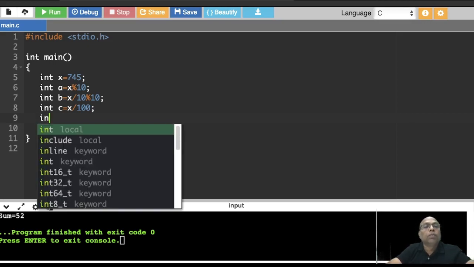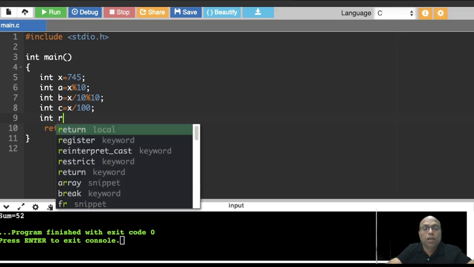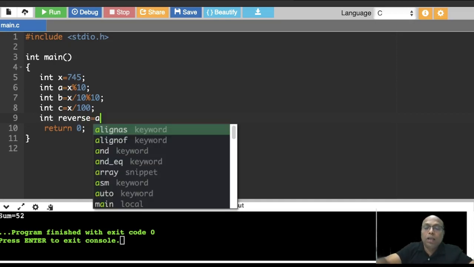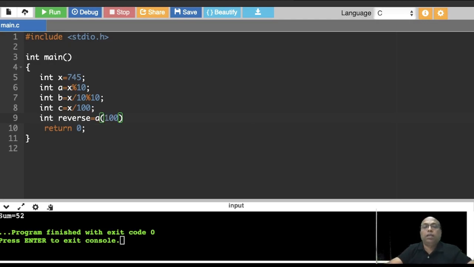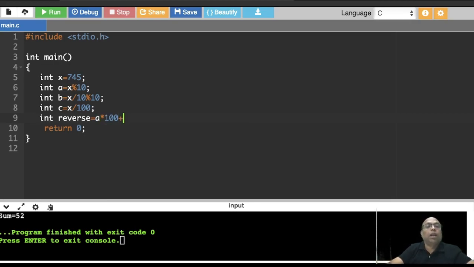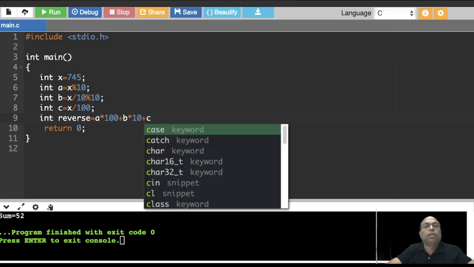Now I need to convert into a single number. Reverse is equal to, what should I do, a needs to go to the hundreds place, b needs to go to the tens place, and c needs to go to the ones place.